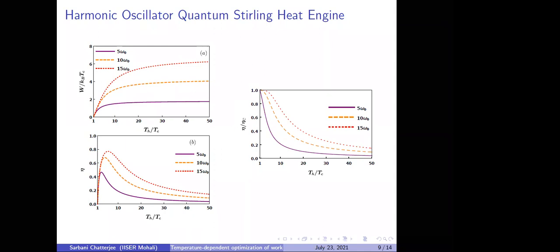So both work and efficiency increase when the frequency of the harmonic oscillator increases. It is worth noting that when the frequency of the harmonic oscillator tends to 0, there is no work done, because there will be no work done while inserting or removing the barrier.